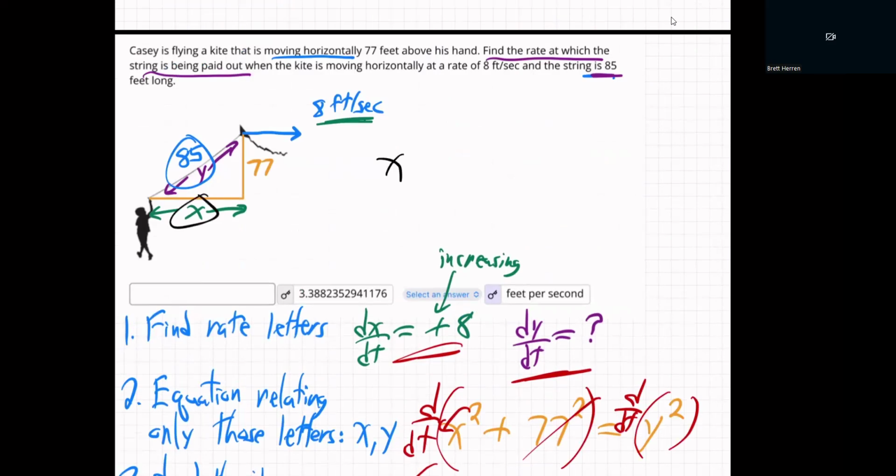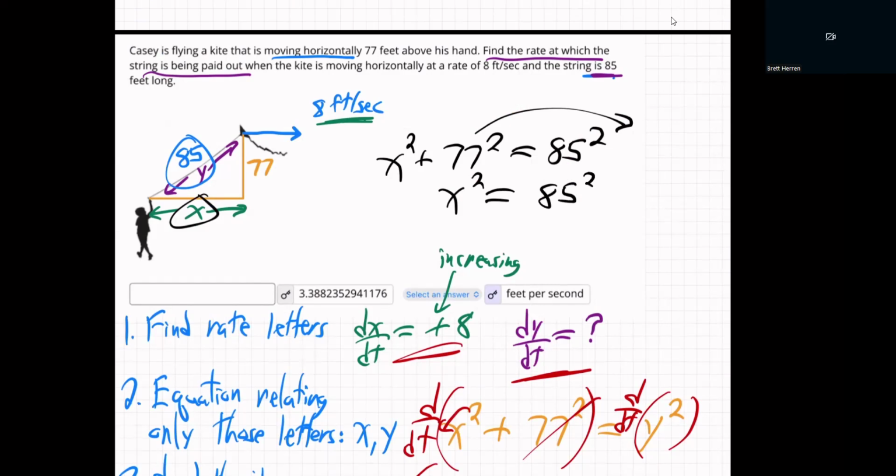We can say x squared plus 77 squared is 85 squared, now that we know y is 85. So bump this over: x squared is 85 squared minus 77 squared. And then root it. So x is the square root of whatever that is.